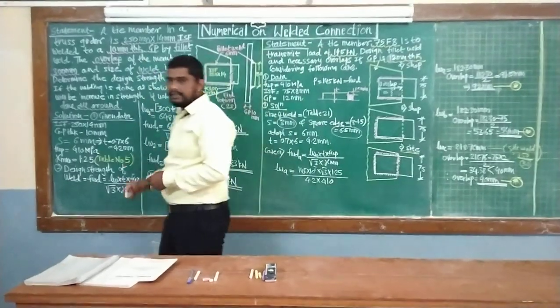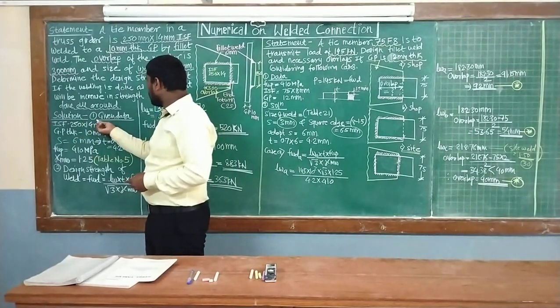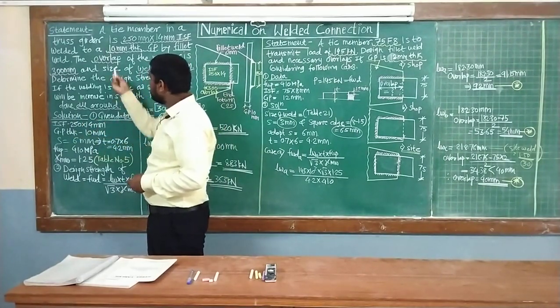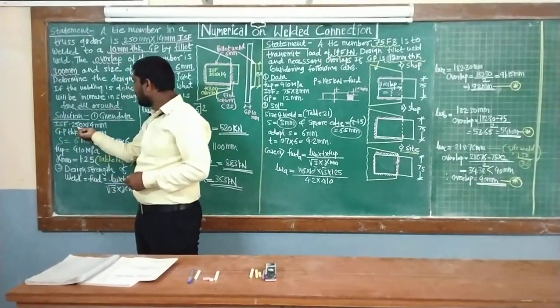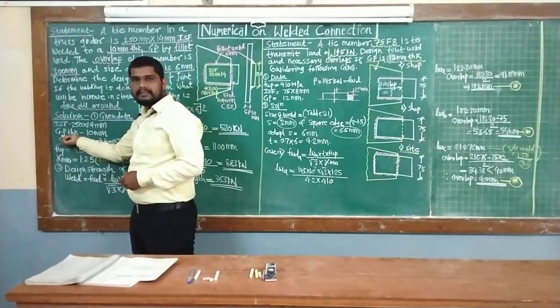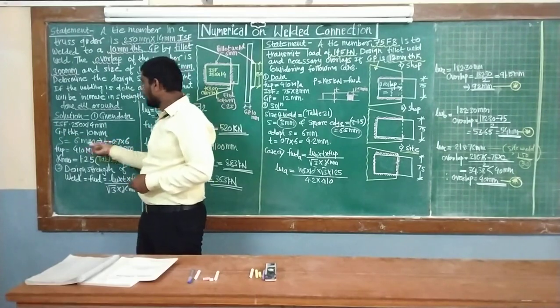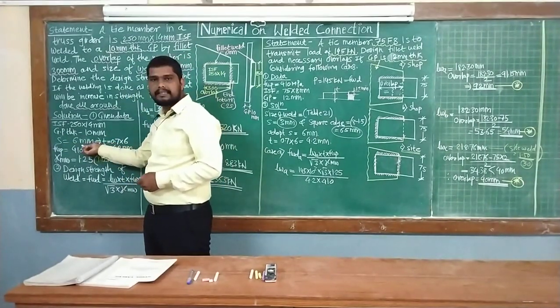So from this statement we are going to note down the given data first. What is your given data with respect to this statement? The Indian Standard Flat Plate 250 mm by 14 mm is given. Gusset plate thickness is given, that is 10 mm. Then the size of the weld is already mentioned in the statement, that is 6 mm.